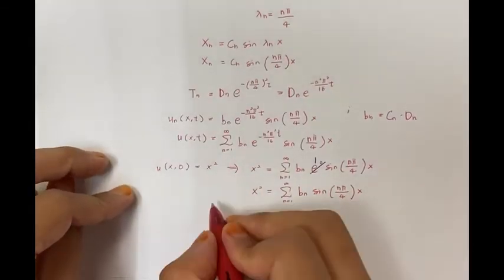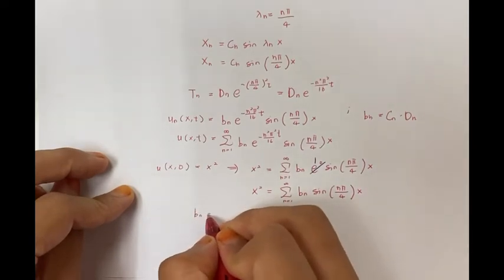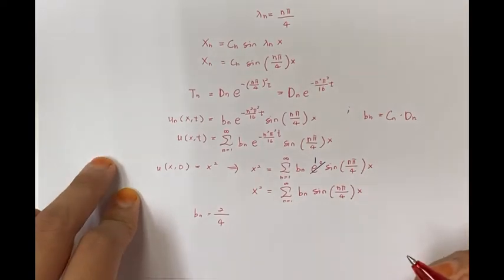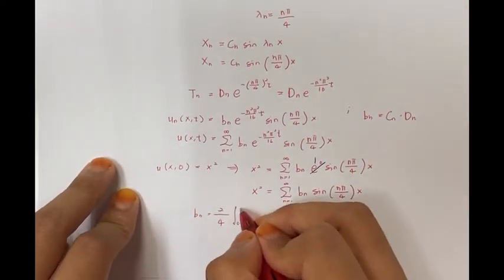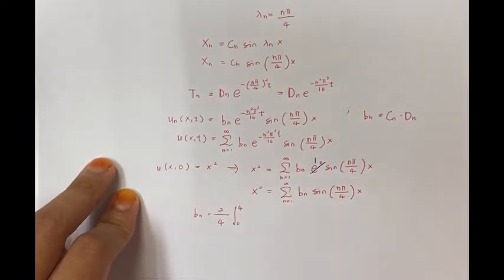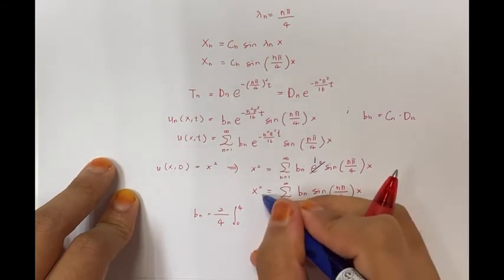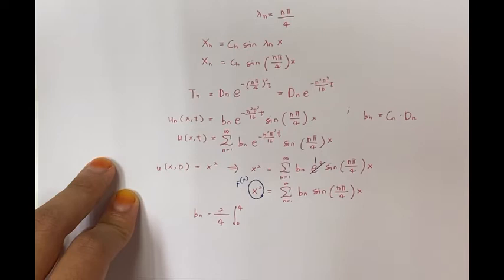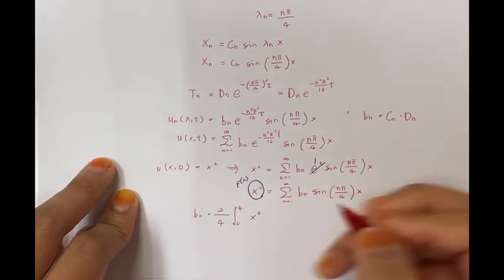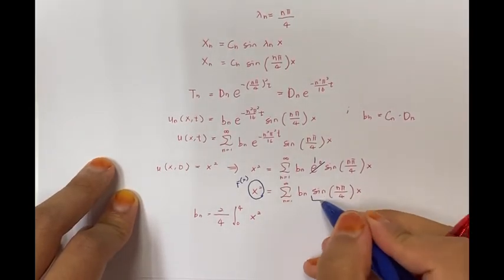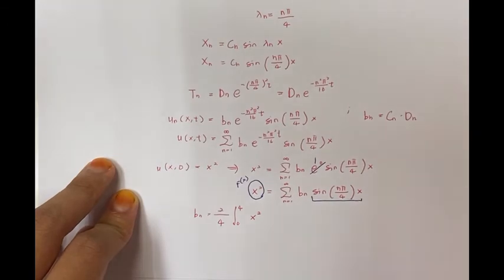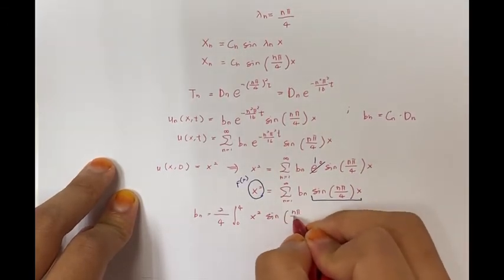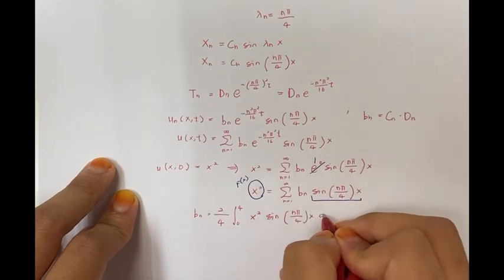In order to find Bn, Bn is equal to 2 over L, and in this case L is equal to 4, integral from 0 to L of f(x), and f(x) is x², multiplied by sin(nπx/4) dx.